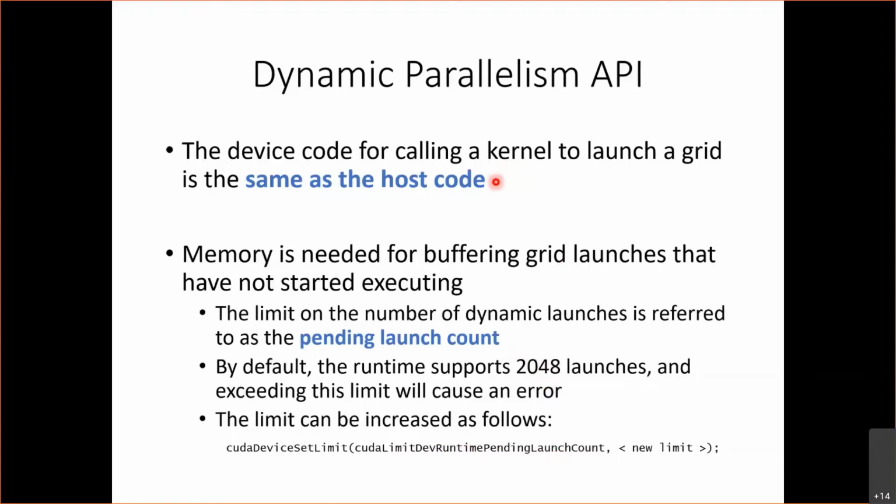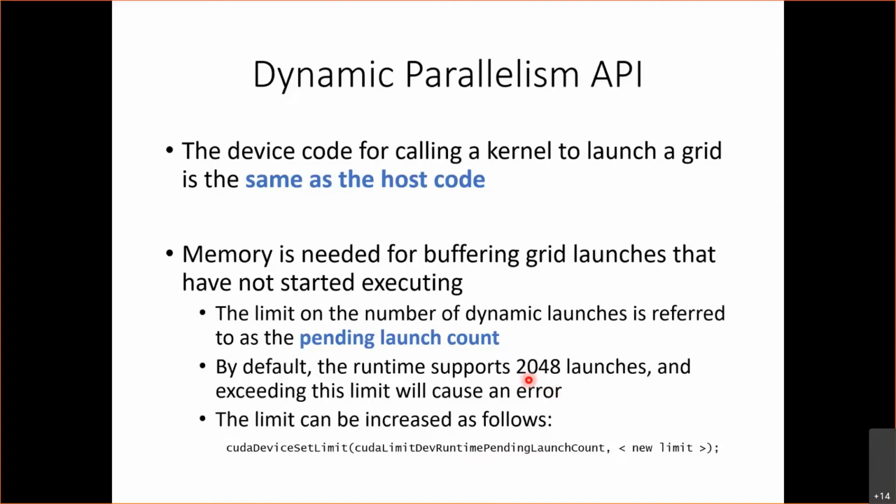Does somebody have a question? Yes, when you say launch, do you mean a launch per thread, or is there a metric that... Every thread on the GPU can perform its own grid launch. So the maximum number of launches overall is 2,048, or per thread? That's by default, but we can increase it.